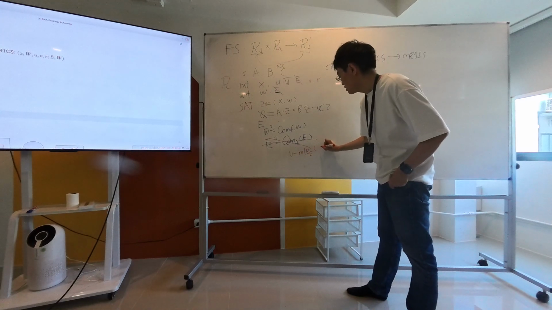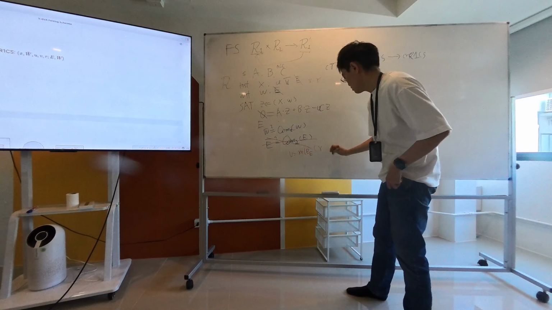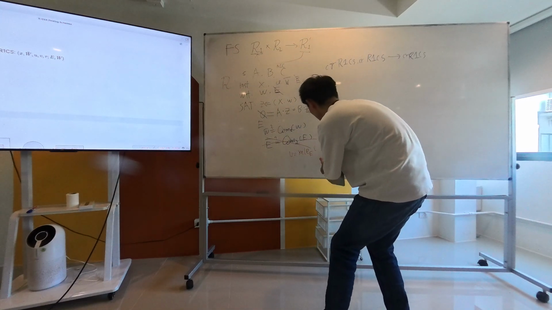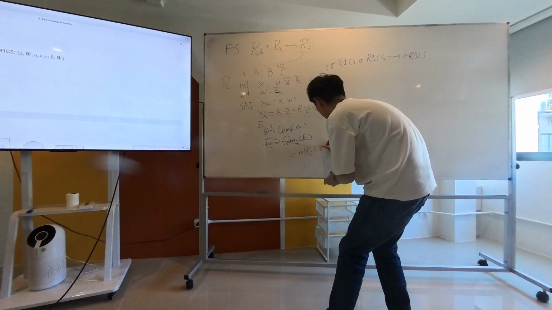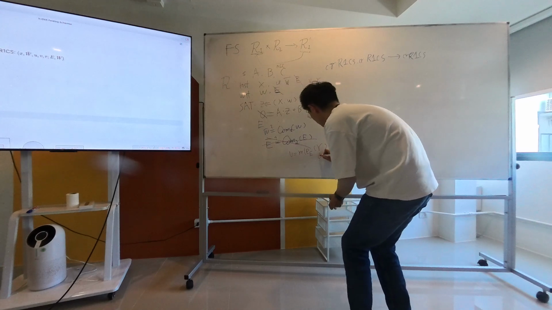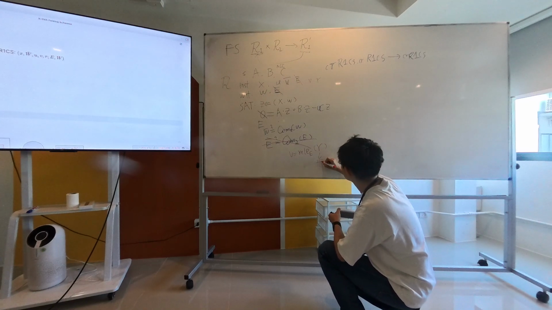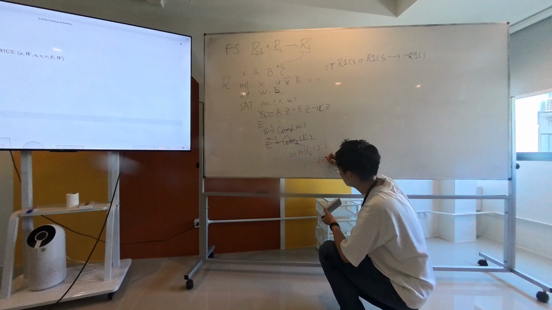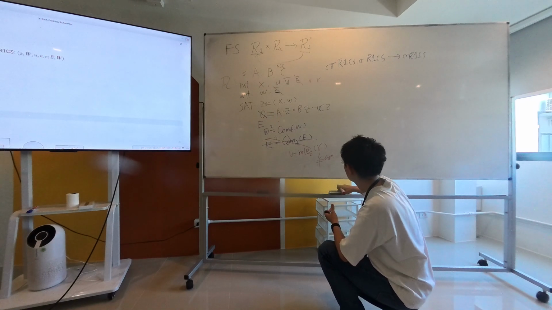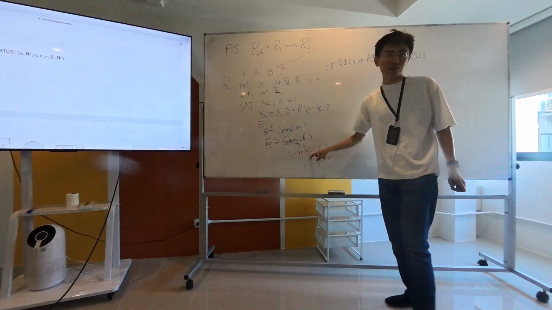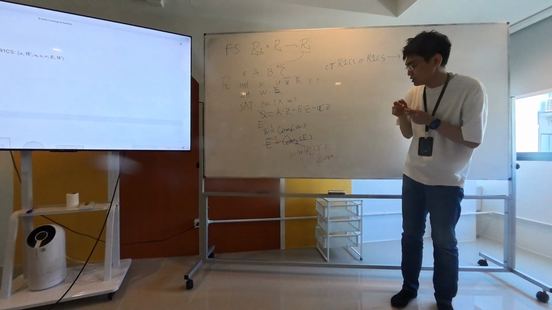MLE evaluated at point R. So R is a multi-dimensional field element vector. So this is MLE, a multivariate polynomial.